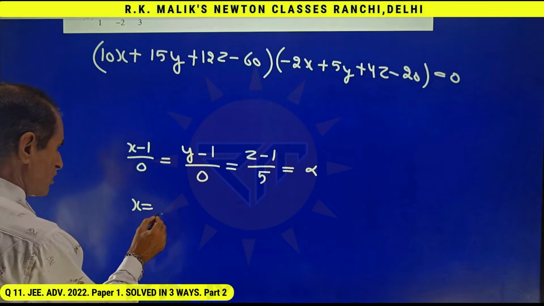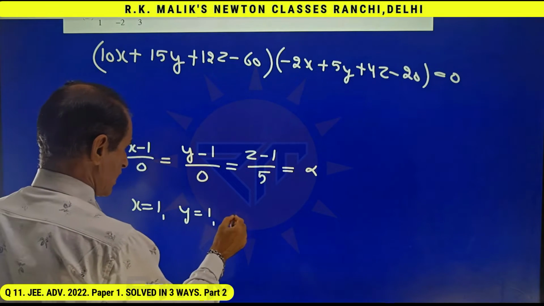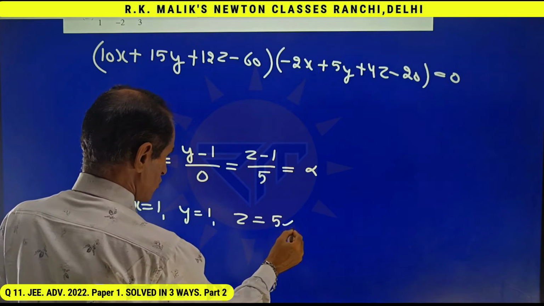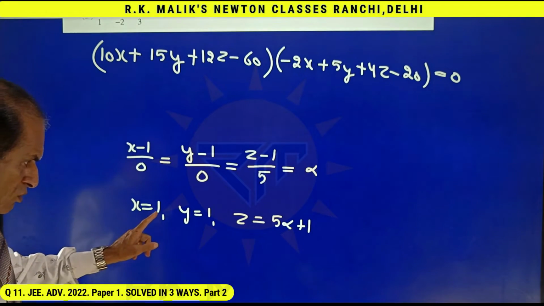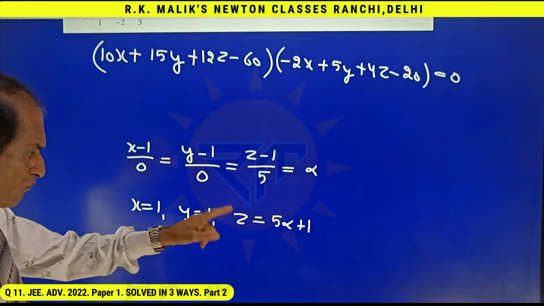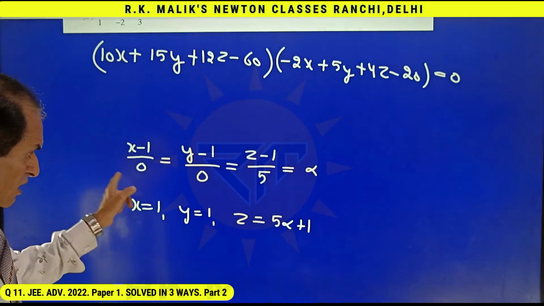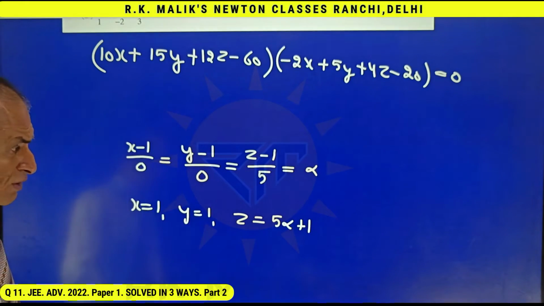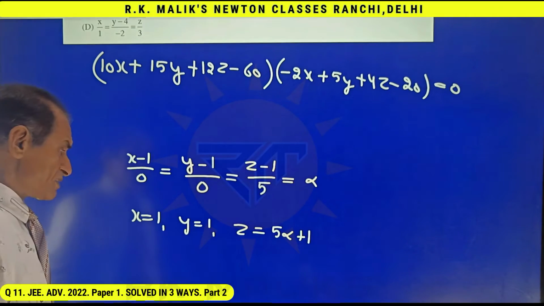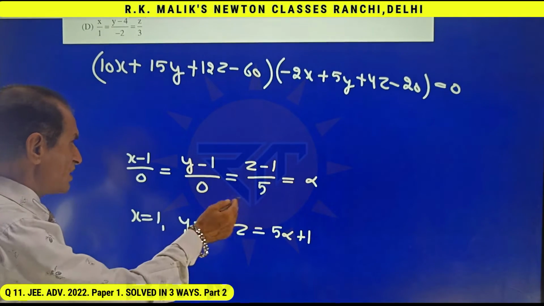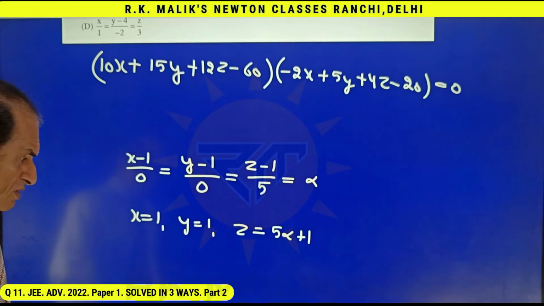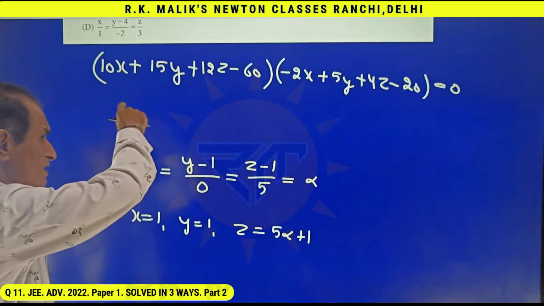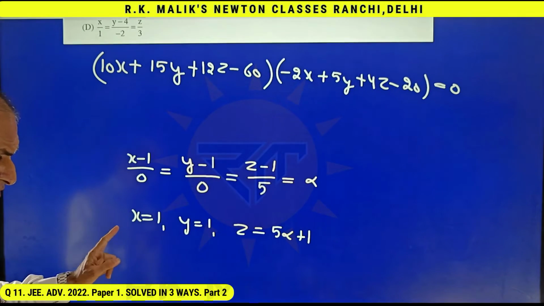That is, x equal to 1, y equal to 1 and z equal to 5 alpha plus 1. Note that (1, 1, 5 alpha + 1) lies on this line for every value of alpha. And now I will check where this line cuts the combined equation of planes. For this, I'll put this point in this equation.